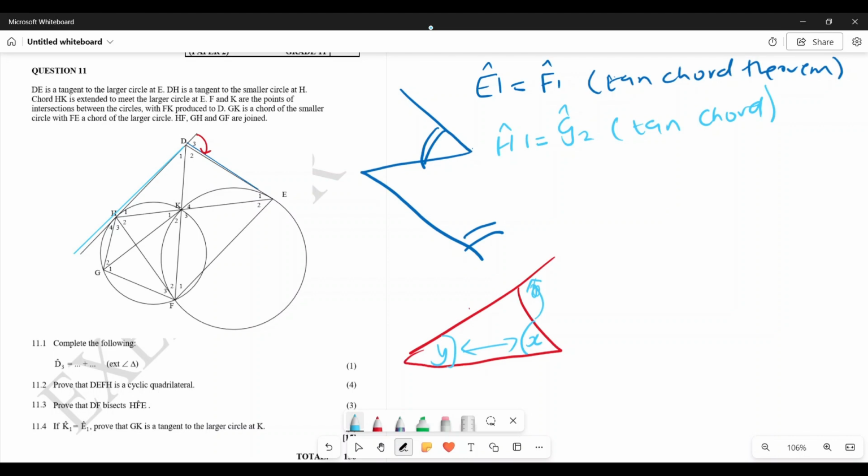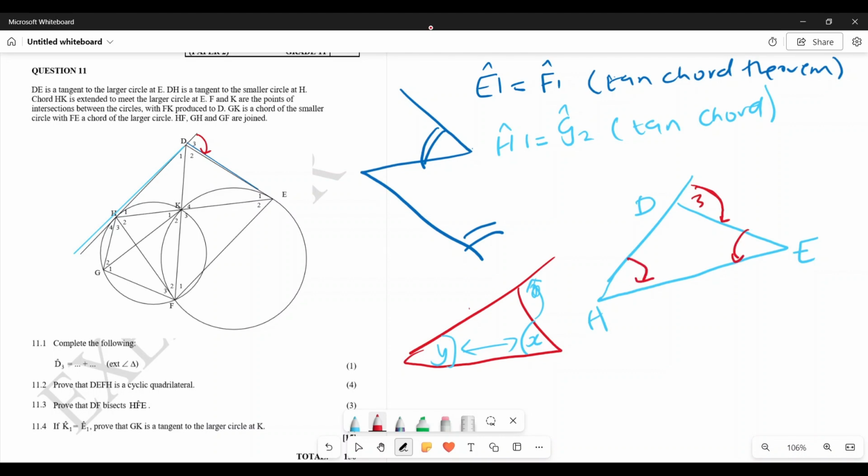What triangle is that? Basically, triangle DEH, right? And this is my D3, because this exterior angle extends up until my line DE. So it's an exterior angle of this big triangle. As a result, it's going to be equal to the addition of these two angles, H1 plus E1.